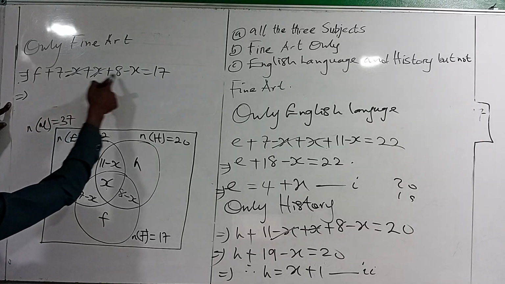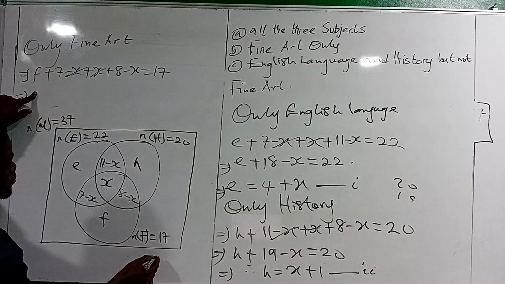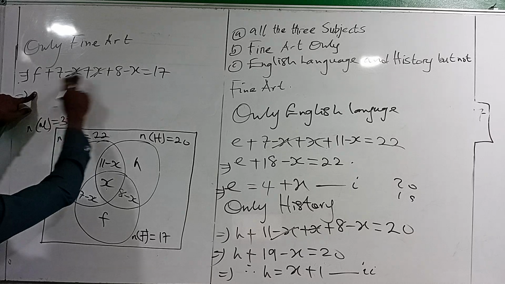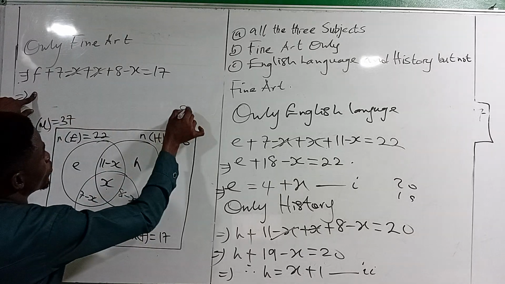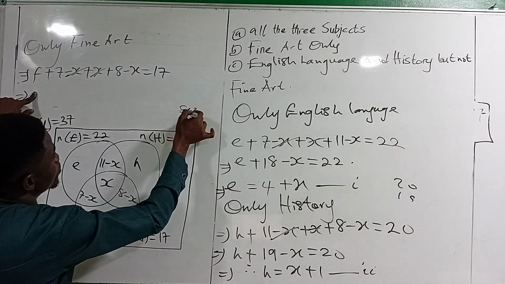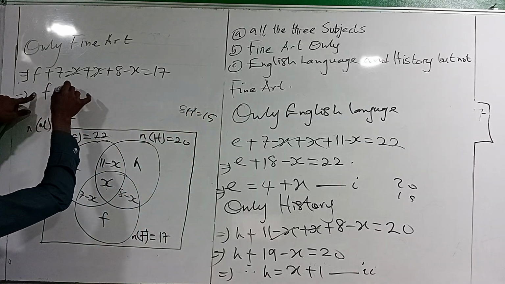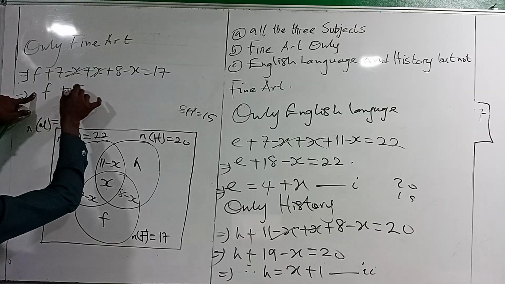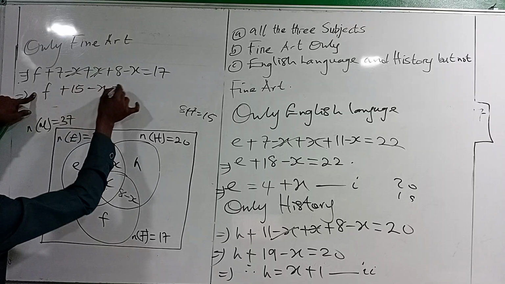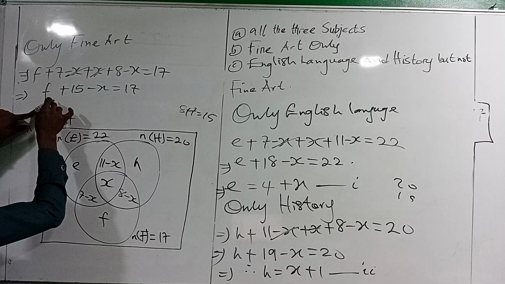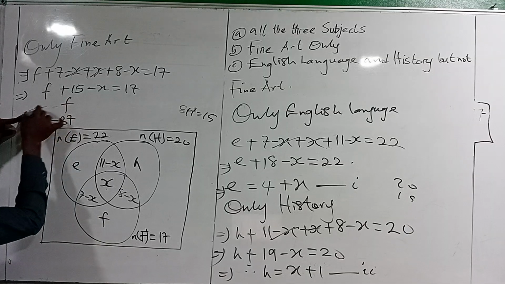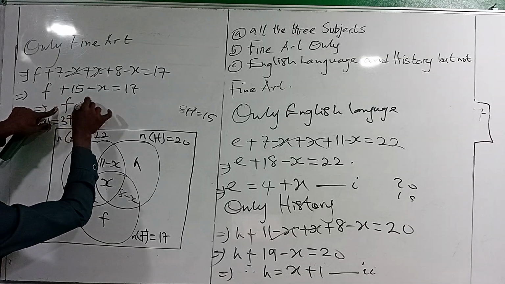So this plus that is 17. No, sorry, 7 plus 8, that is 15. 8 plus 7, that gives you 15. So we have F plus 1 plus 15, then minus 1 minus x equal to 17. So we have F equals x.